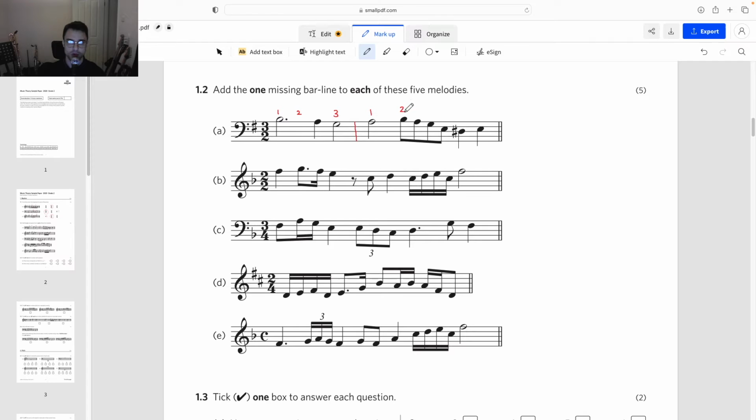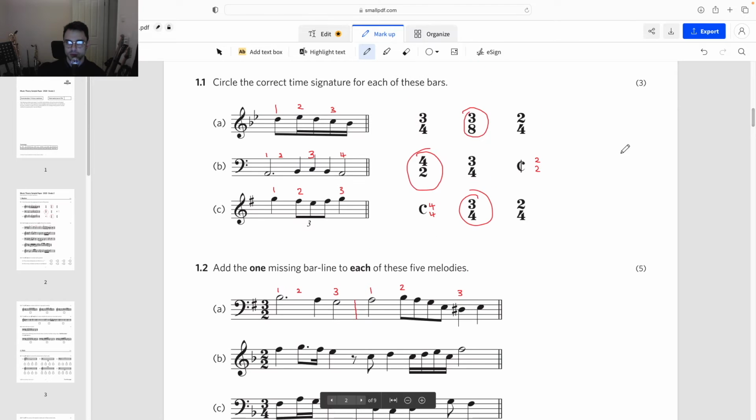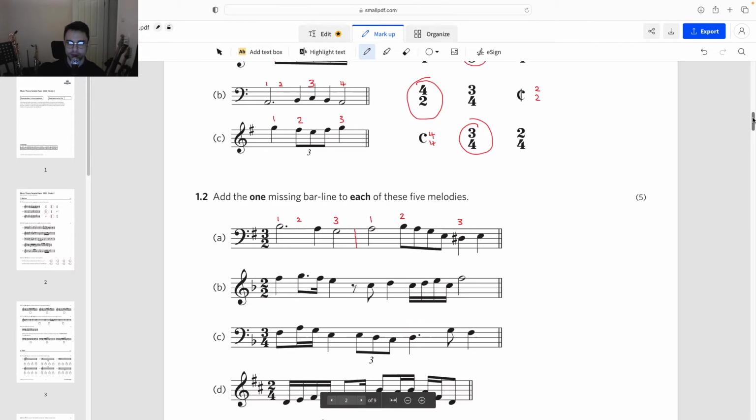So there you go, 2 beats. So we've got 2 crotchets. 2 crotchets makes a minim. Nice. We found 1, 2, 3 beats in the second bar, which means that's correct. Question B. All right, so this here, if you remember, is cut time, 2-2.